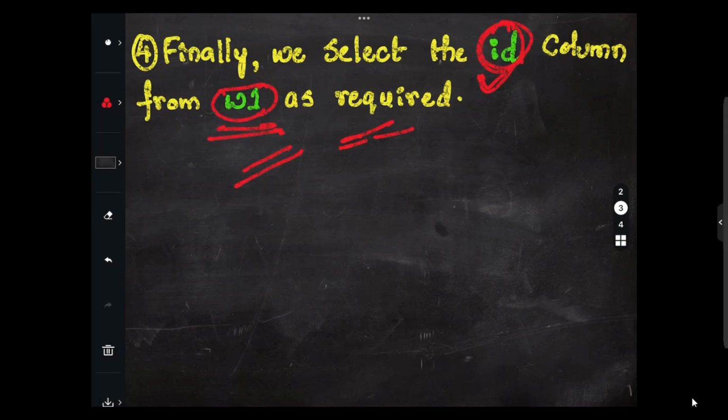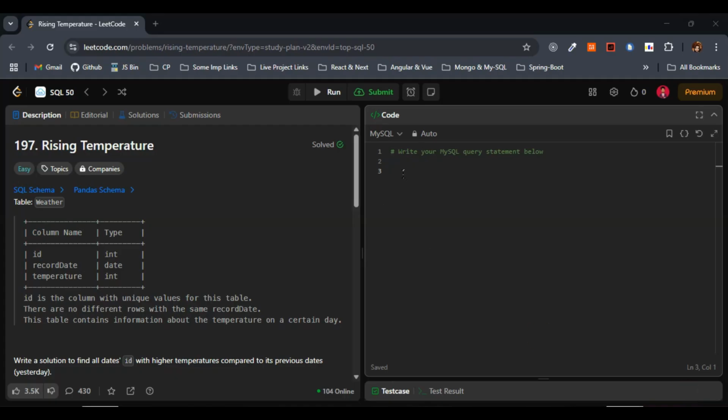So now let's start writing the query. First, we will select the ID of the record where temperature increased from the previous day.